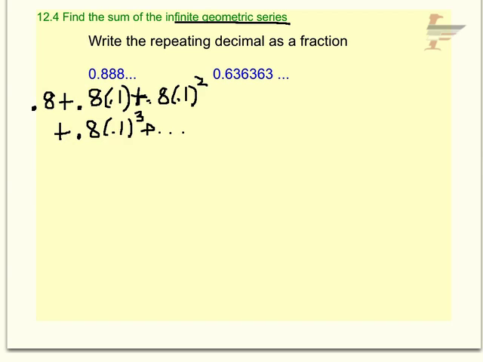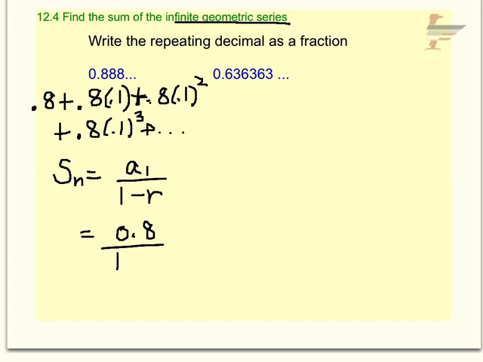The ratio that I'm multiplying all the time is 0.1, which is less than 1. So it is an infinite geometric series. Hence, I can go ahead and use the sum formula for an infinite geometric series, which says take the first term divided by 1 minus the ratio. Well, my first term was 0.8.